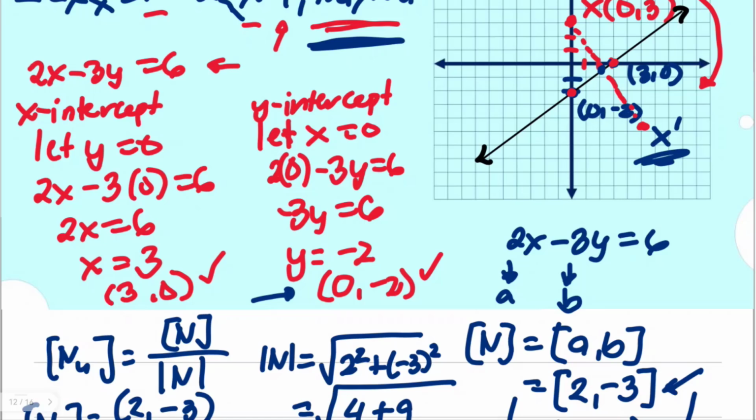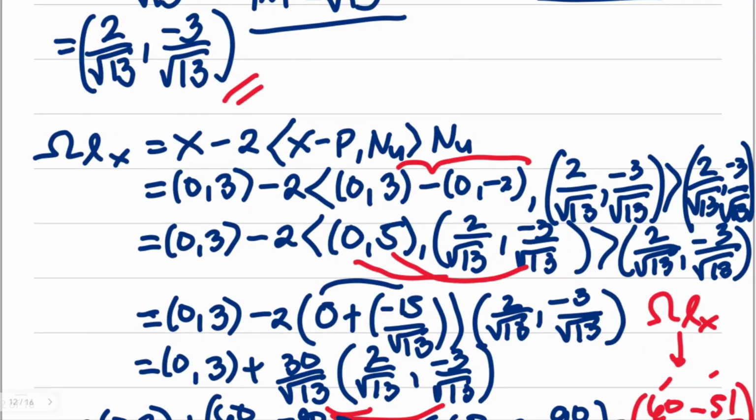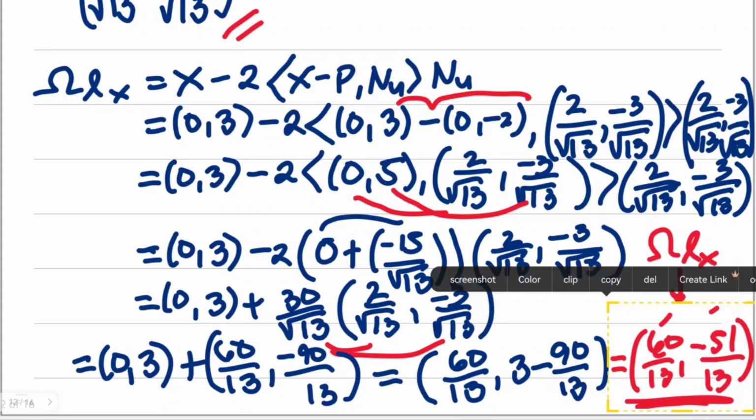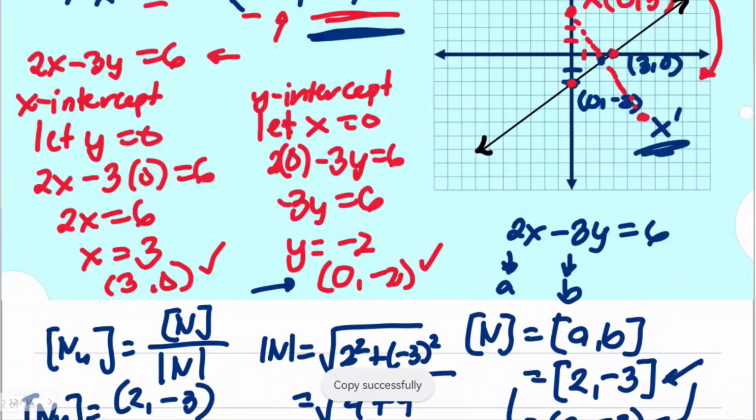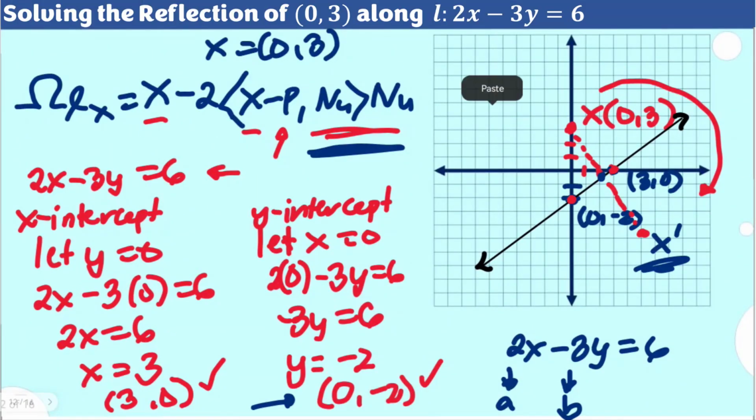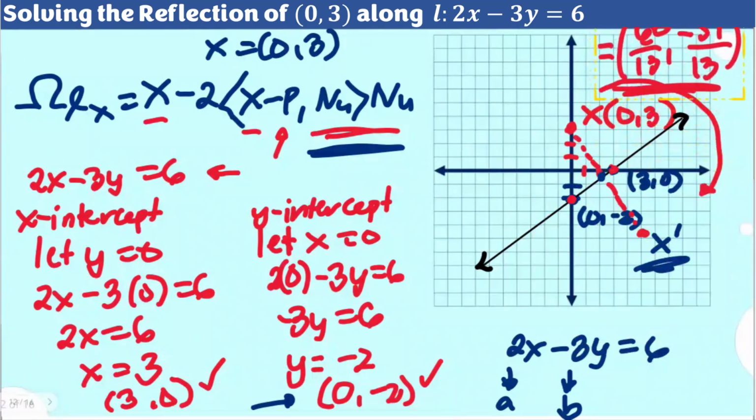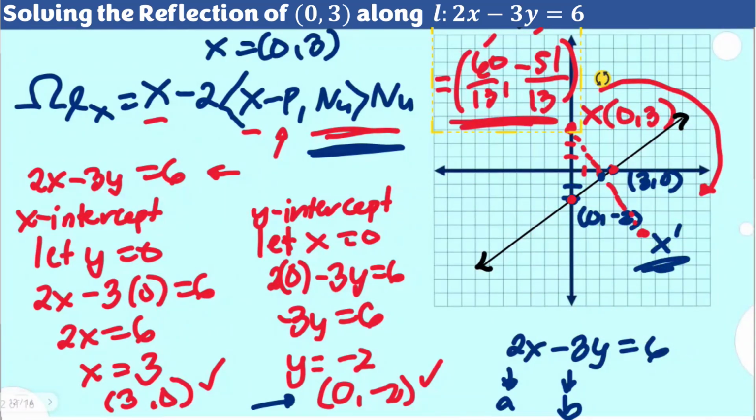Now, for better illustration, let me copy this and see it on our presumed graph from earlier. Let's find out if the result would be close to that. 60 divided by 13 is 4 point something, so our point must be at positive 4 point something, 0.6, somewhere here.